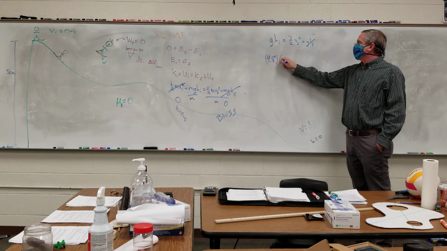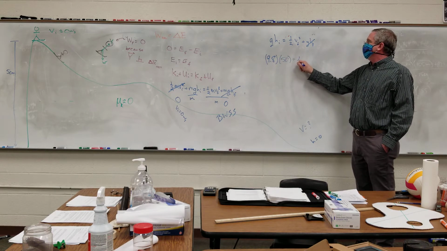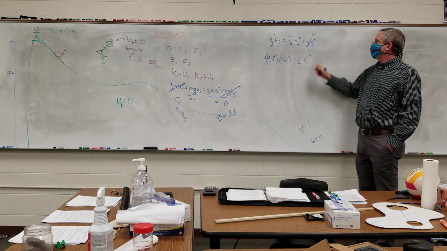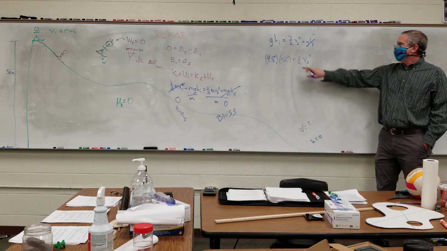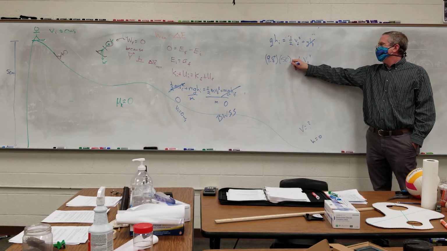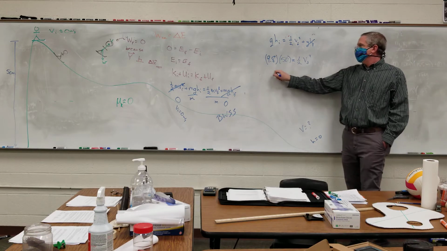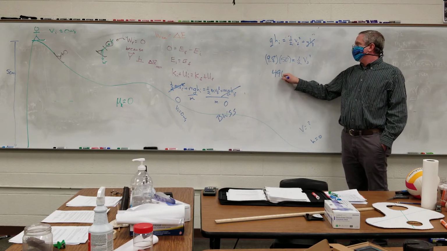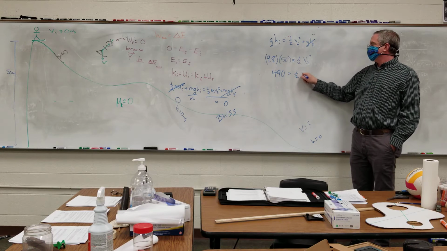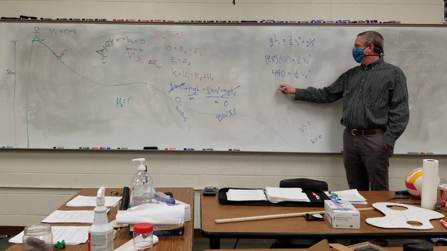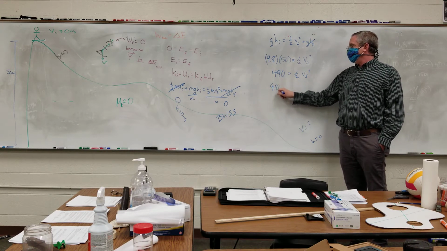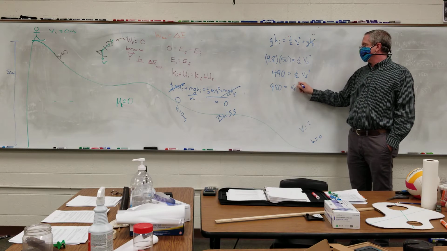So 50 is equal to 1/2 v_f squared. And so 490 is equal to 1/2 v_f squared. 980 is equal to v_f squared.